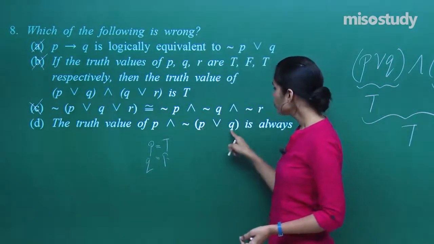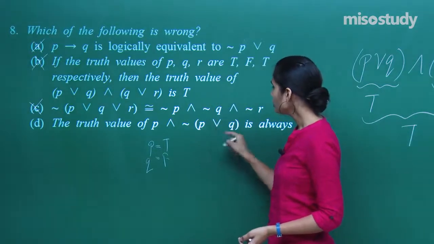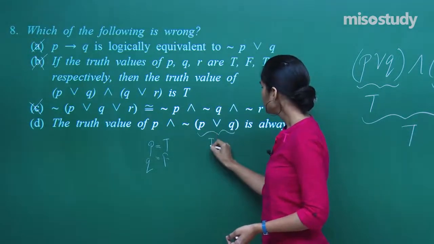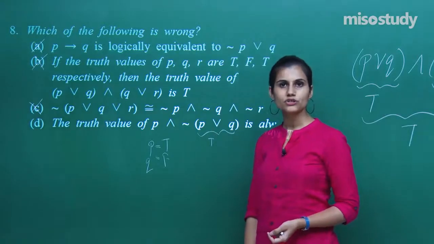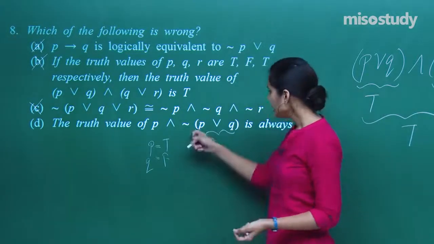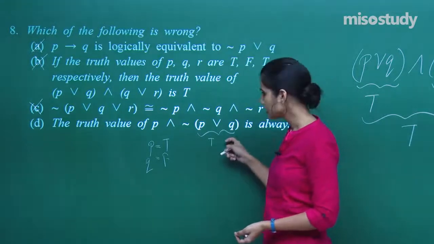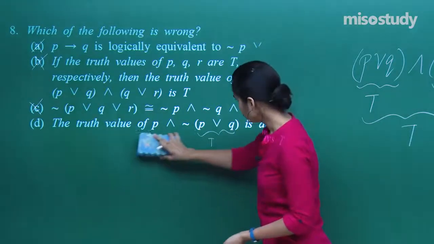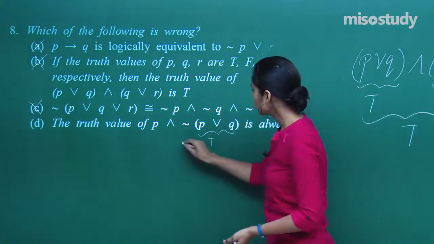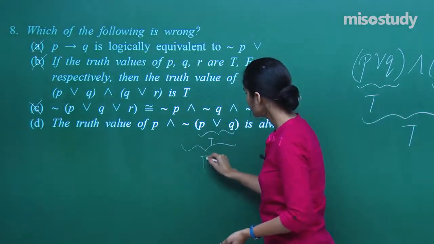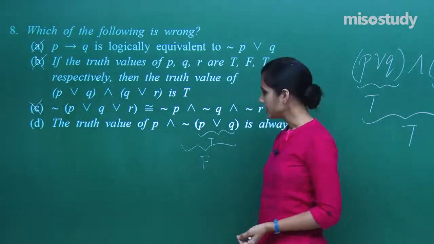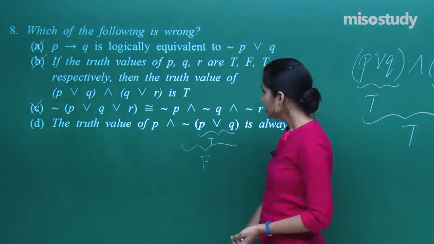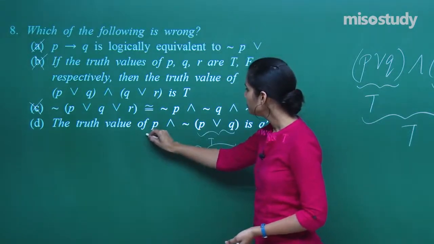If P is true, Q is false, P or Q will be true, because P or Q is true when at least one of them is true. P is true, Q is false, right? If this is true, not of this will be false, right? Not of this will be false. I have taken P to be true.